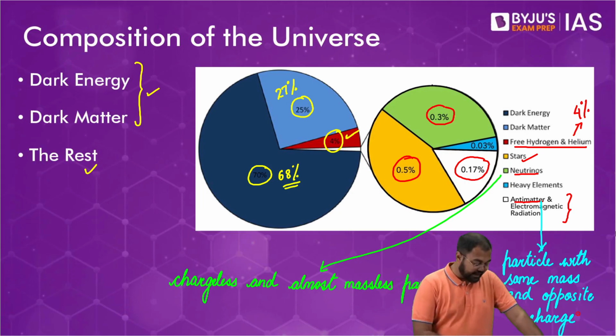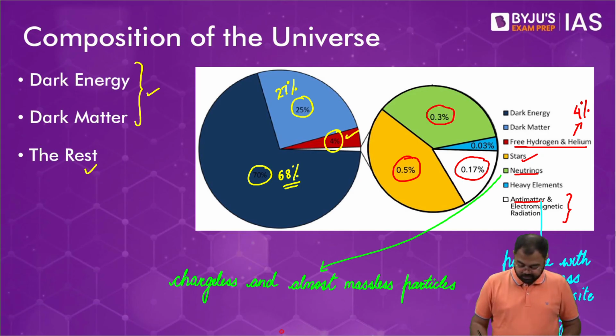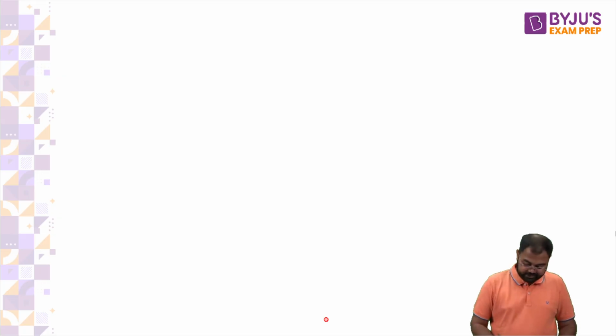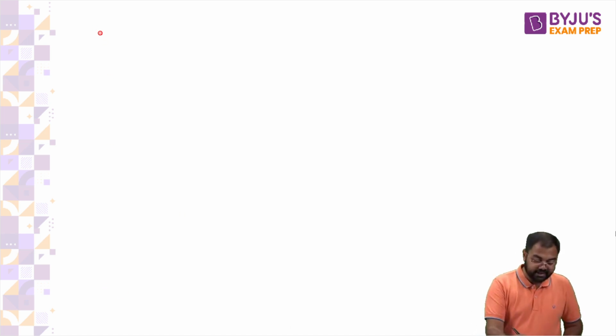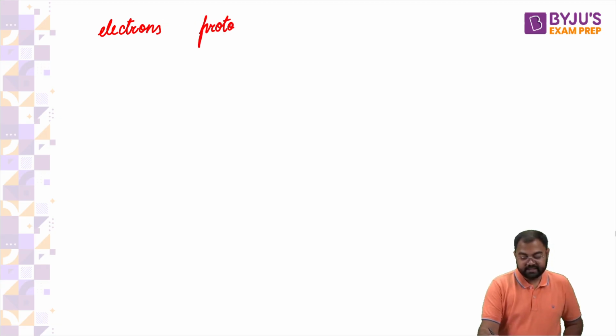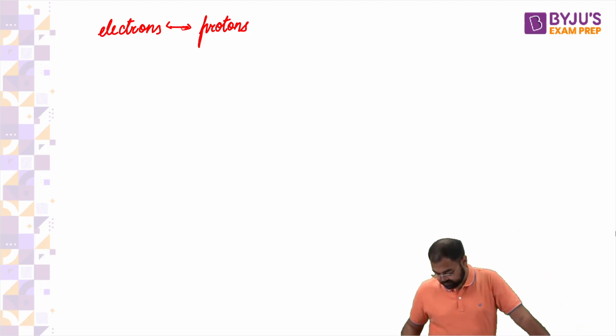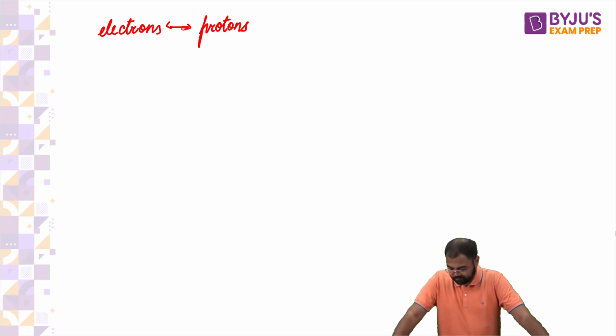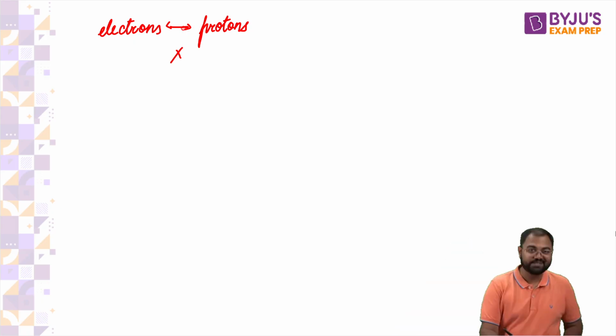Now when we say antimatter, if I, let's say, ask you, for example, that if I have electrons and protons, can I say that electrons and protons are antimatter of each other? Yes or no? Same mass, all right?